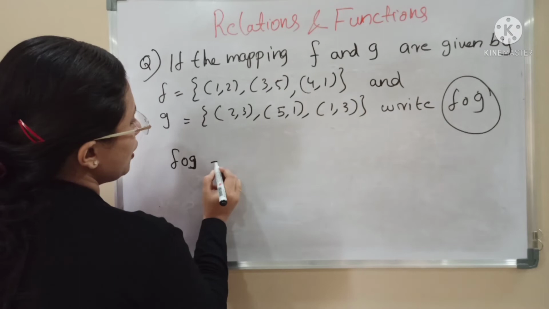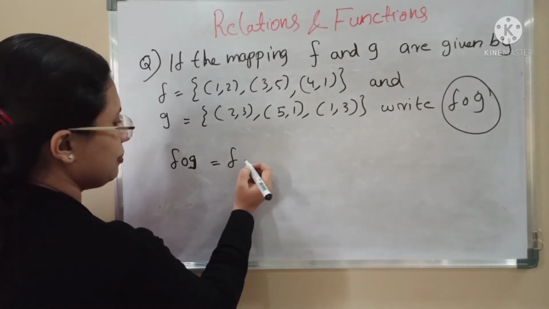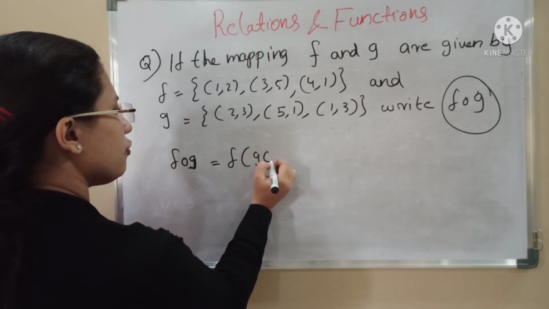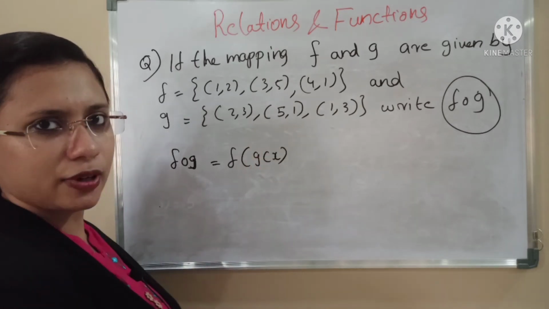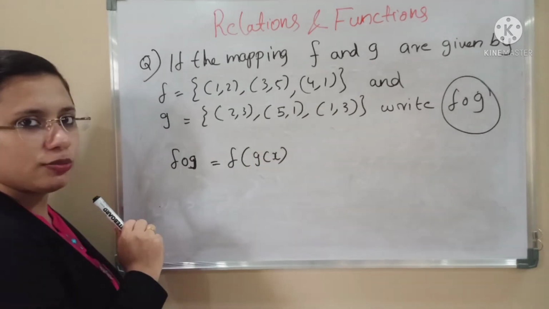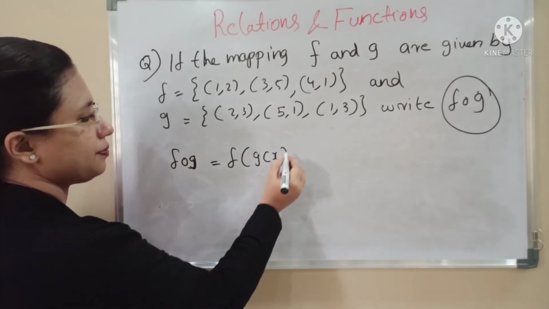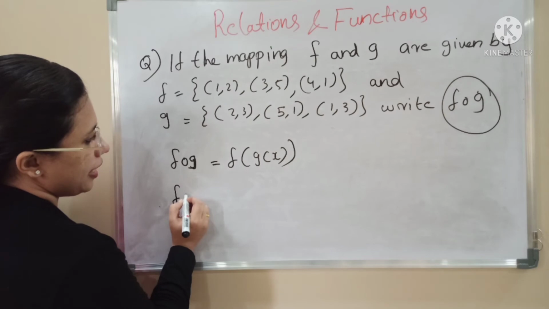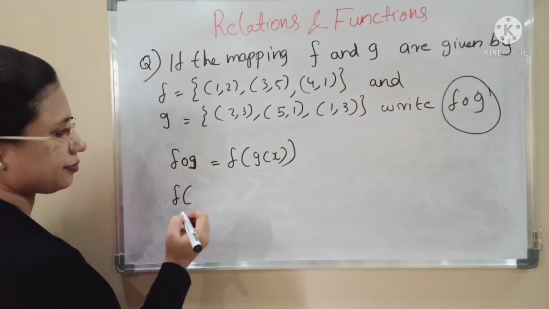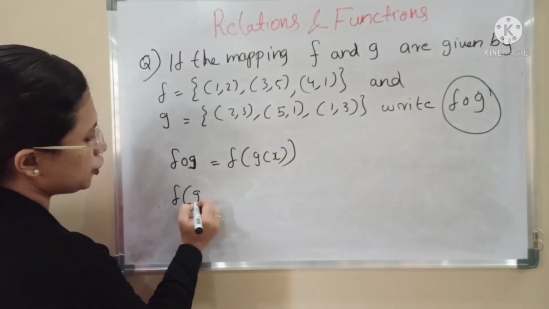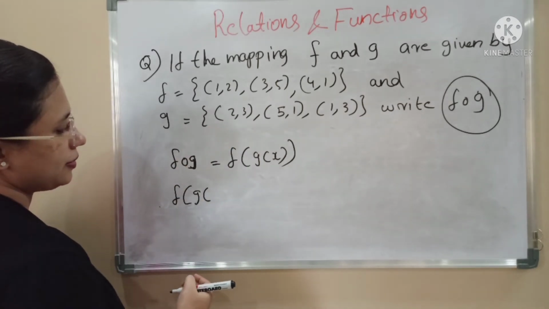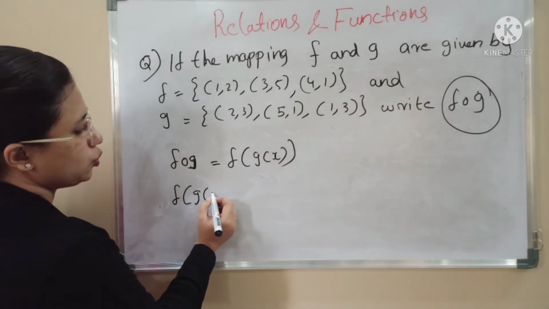So how do we write this? F composite g means f of g of x. So f of g of, what is the first domain element? That is 2.